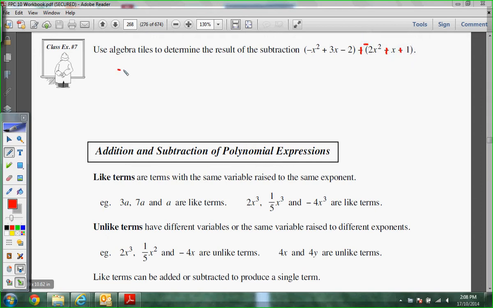So we're really going negative x squared plus 3x minus 2, minus 2x squared plus x plus 1. Combine like terms: negative 1x squared and negative 2x squared is negative 3x squared, 3x and 1x is 4x, negative 2 and 1 is negative 1. That would be your final answer.